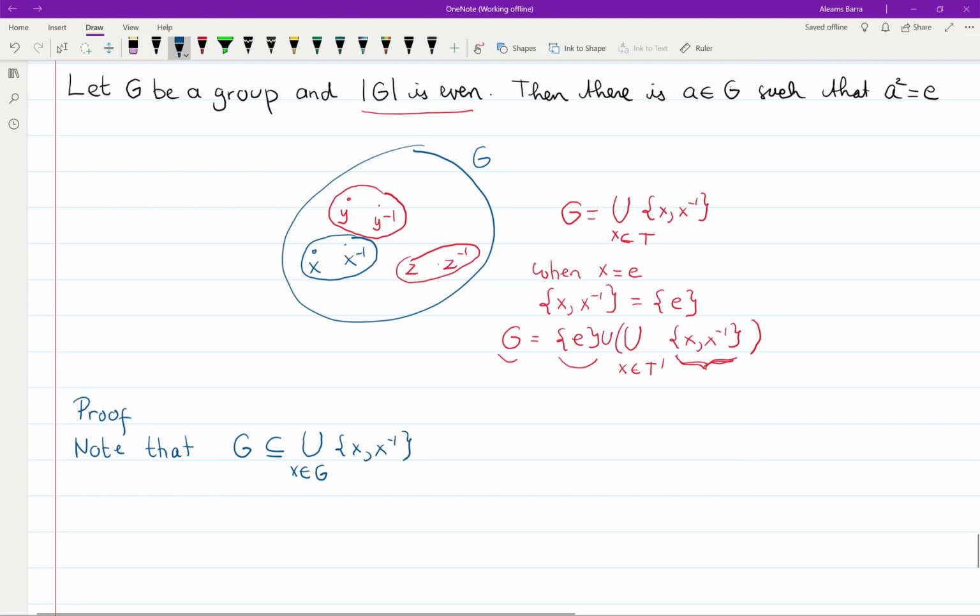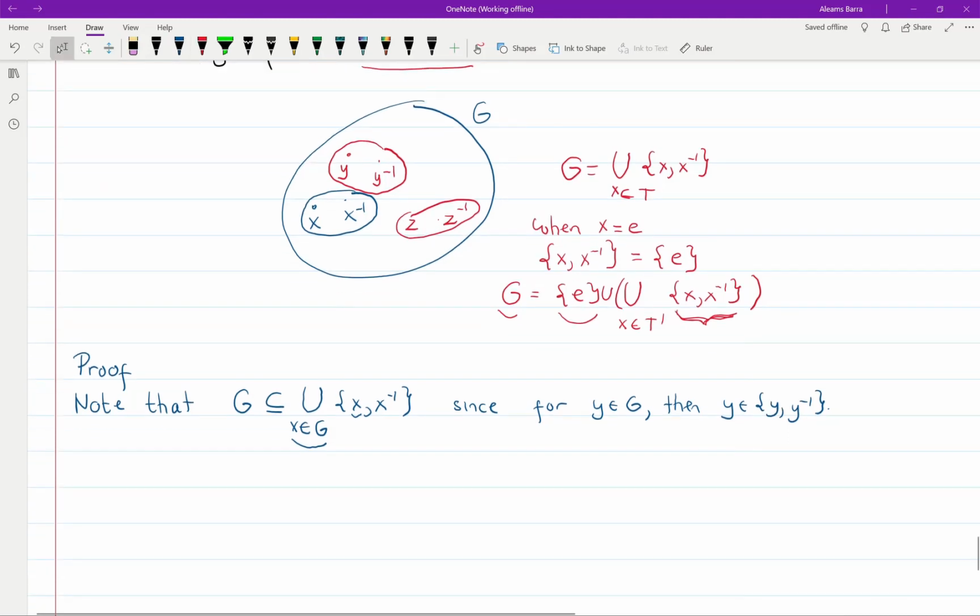Why is that so? For Y in G, because we list all elements in G as the first member of that set, of course Y appears in the set. Y is in {Y, Y inverse}, definitely. So this is a true statement.